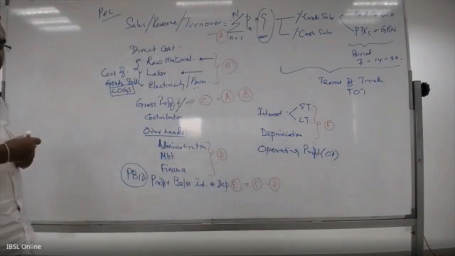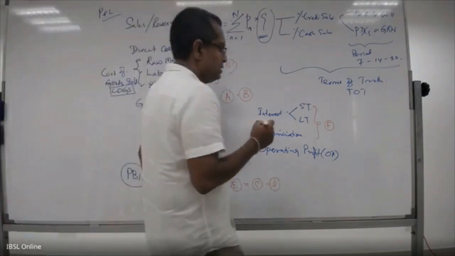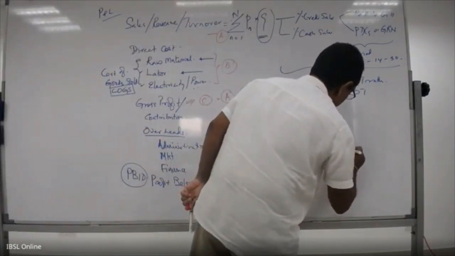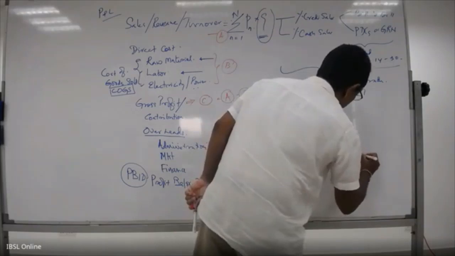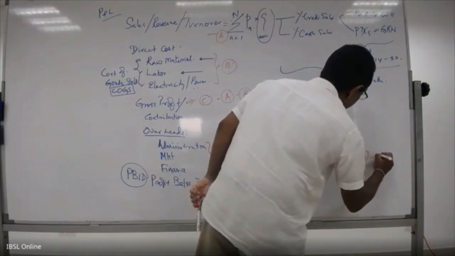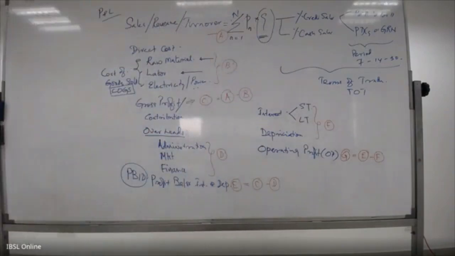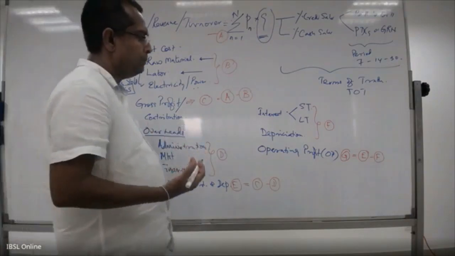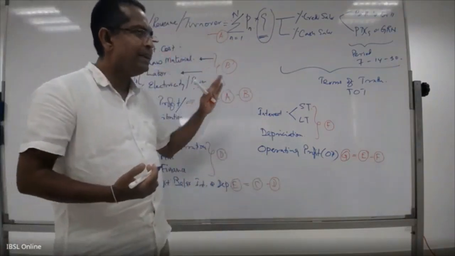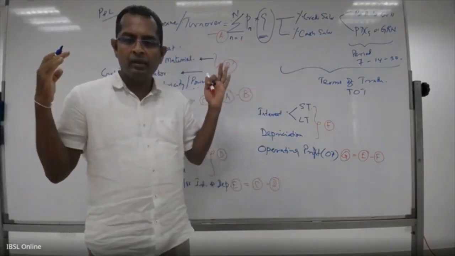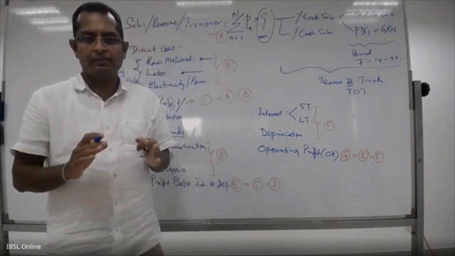Operating profit, which is G. This is equal to E minus F, right? This is operating profit. Then after the operating profit, this is the final profit after business normal operation.